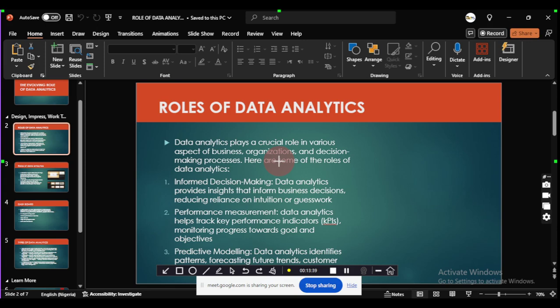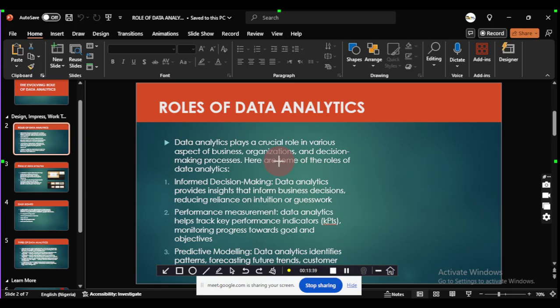Okay, next one is customer insights. Data analytics helps understand customer behavior, preferences, and needs, enabling personalized experiences and targeted marketing. Then competitive advantage. Organizations leverage data analytics to gain a competitive edge by making data-driven decisions to stay ahead in the market.